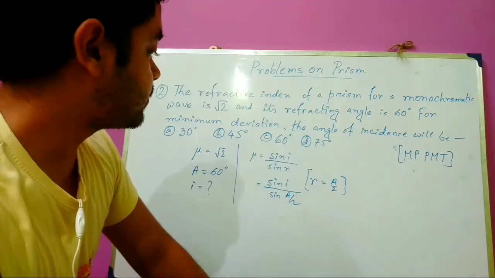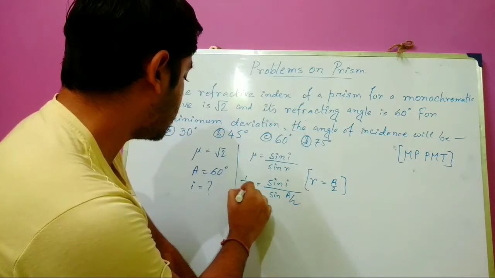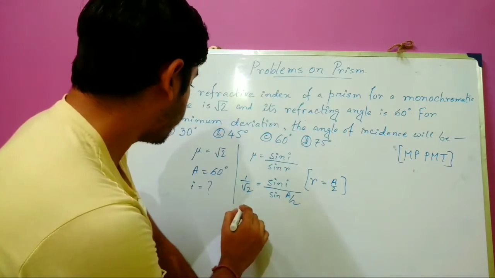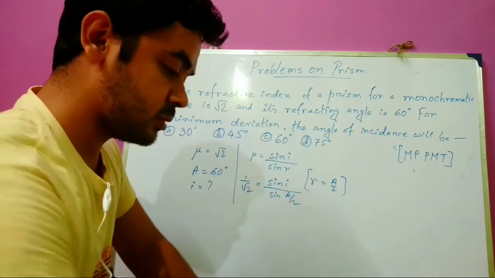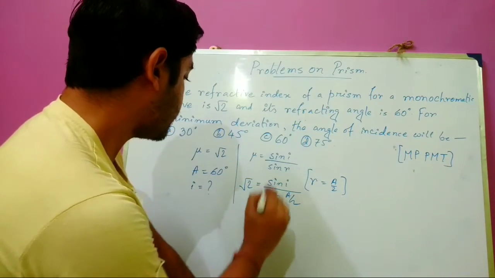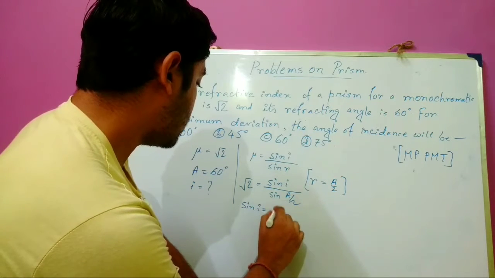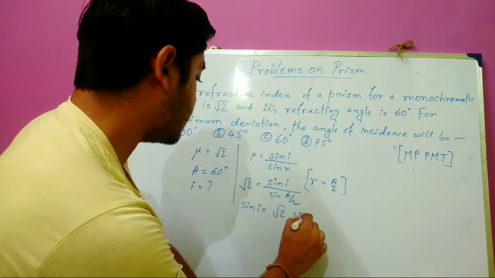Is it clear? Now the value of mu is given as √2, so sin I will be equal to √2 into sin A by 2.